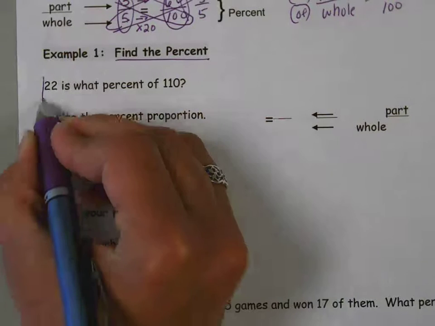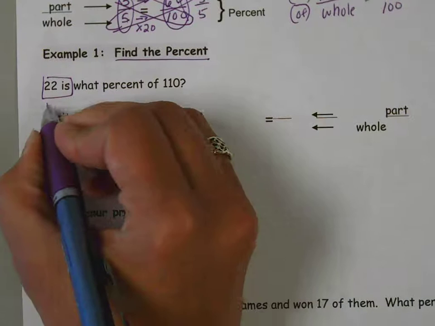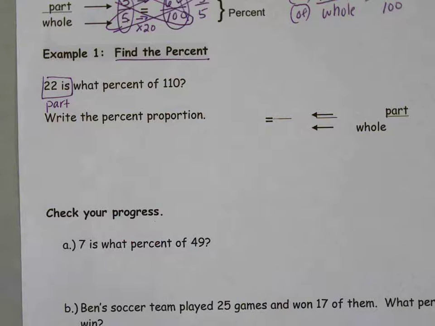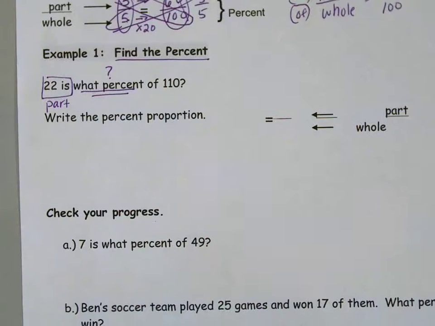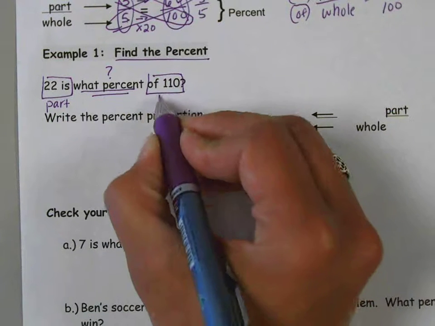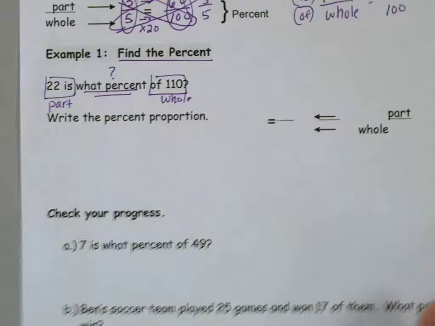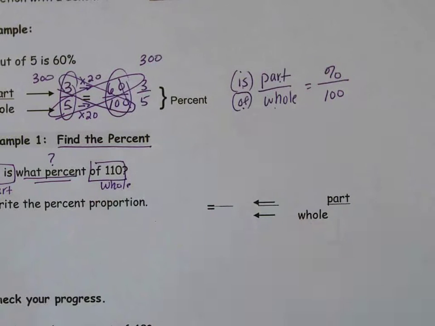So 22 is, that's going to help me know that that is my part. We do not know the percent. And we know that we're asking for of 110, which is going to be our whole. So remember earlier I said that is can represent the part, of can represent the whole.